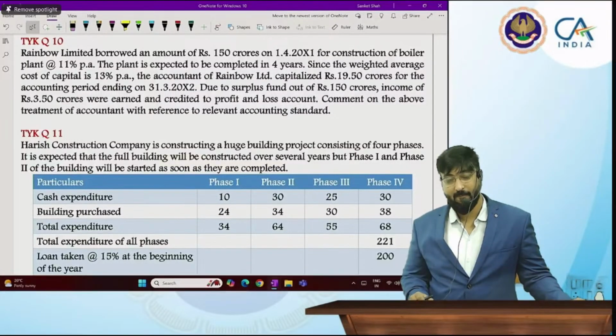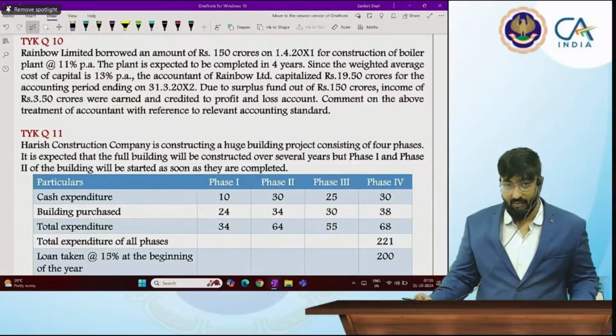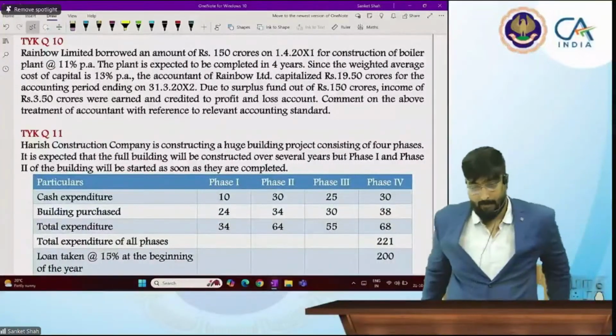Rainbow Limited borrowed an amount of rupees 150 crores on 1 April 2001 for construction of boiler plant at the rate 11% per annum. The plant is expected to be completed in 4 years. Since the weighted average cost of capital is 13% per annum, the accountant of Rainbow Limited capitalized rupees 19.5 crores for the accounting period ending on 31st March 2002.